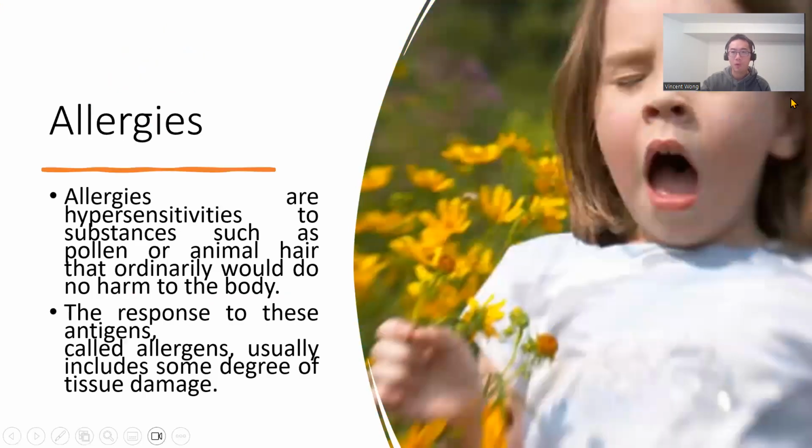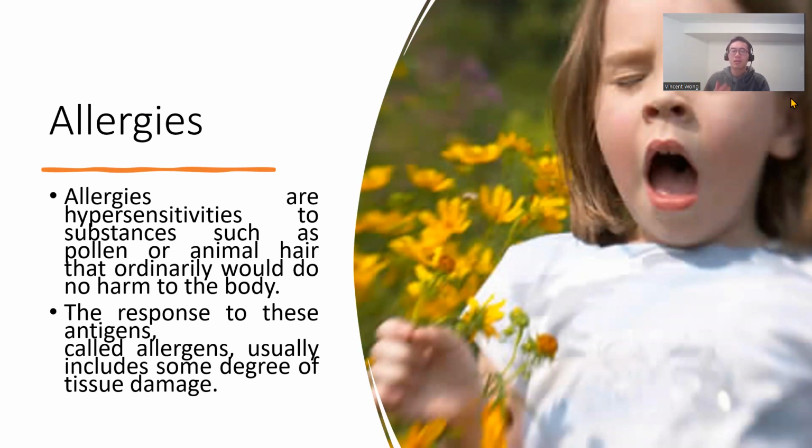First one, overreaction. This is a nuisance for most of us during allergy seasons. Allergies are basically hypersensitivities to things that are normally harmless to the body. Things like pollen, animal hair, dust mites.